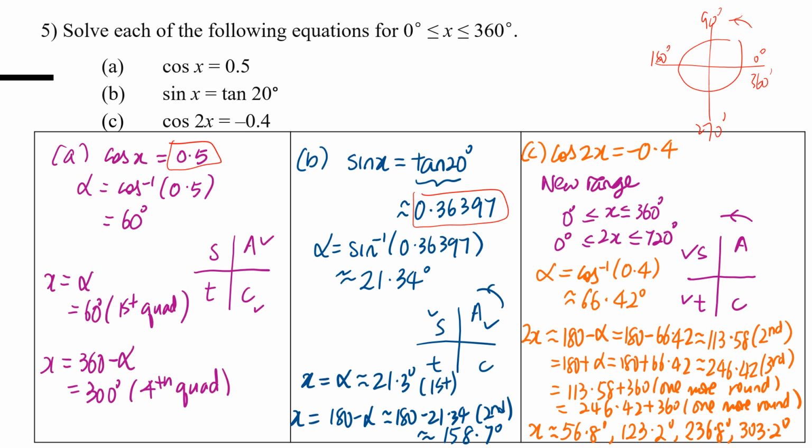But when you draw ASTC, also be careful, because you will need to consider angles in an anti-clockwise direction, and also angles in a clockwise direction. If the range given to you is always between 0 to 360, that is anti-clockwise, then you don't have to worry about the clockwise direction. But in one example, remember, it's between negative pi to 2 pi, then you have to worry about both directions.